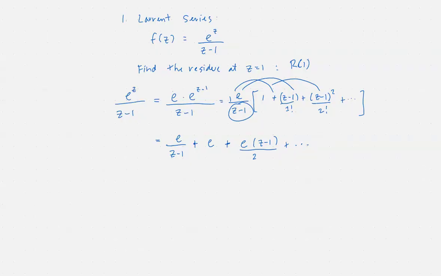If we write it in the form b1 over z minus z naught, in this case b1 is e, z naught is just 1. So our residue is e, and that's it, right?